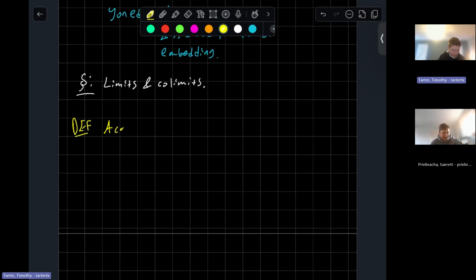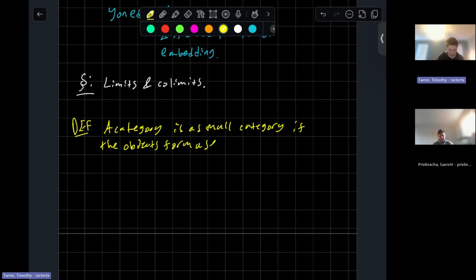A category is a small category if the objects form a set and morphisms form a set.